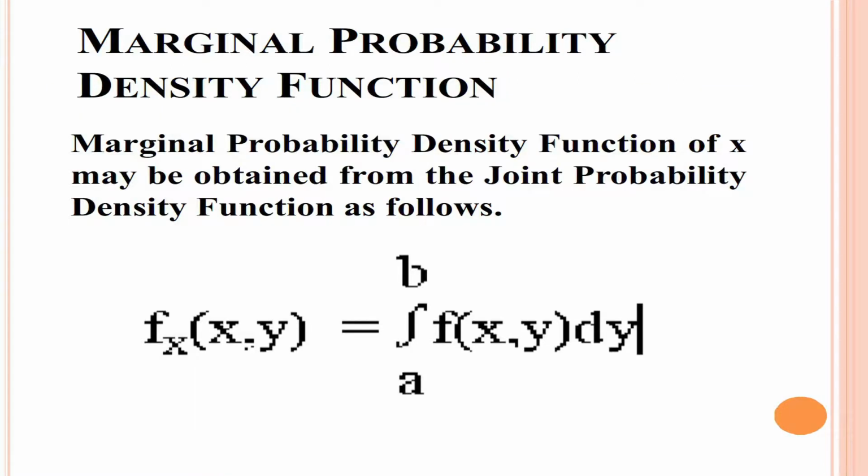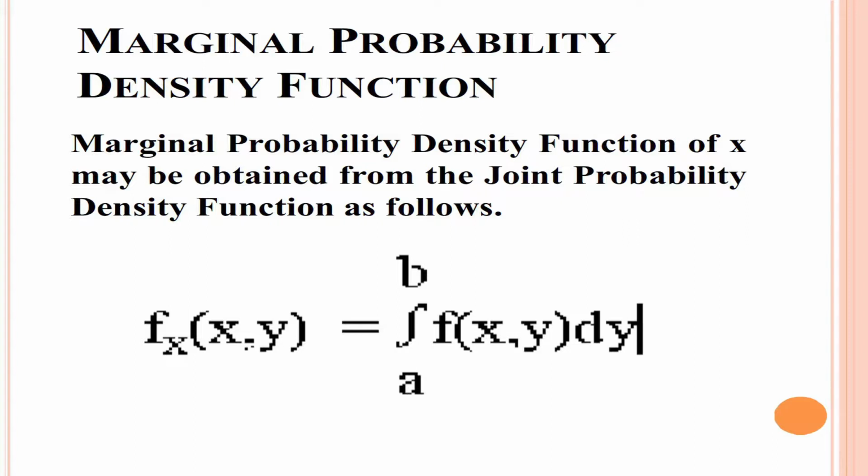For example, from the joint probability density f subscript X, Y of x comma y, it may be defined as f subscript X of x equal to integration over a to b of f of small x, small y dy.